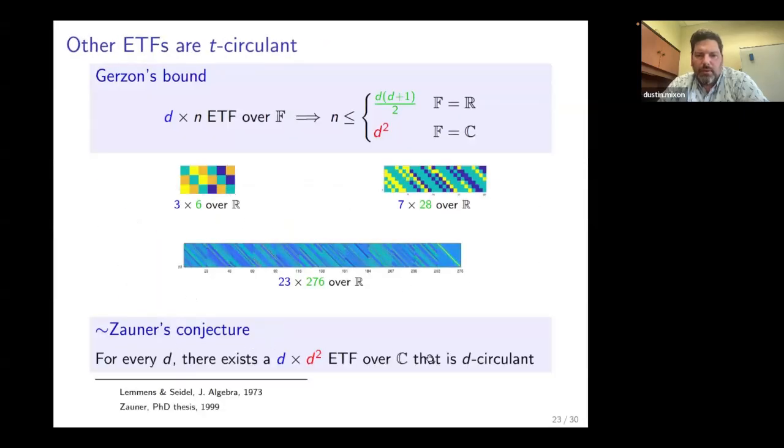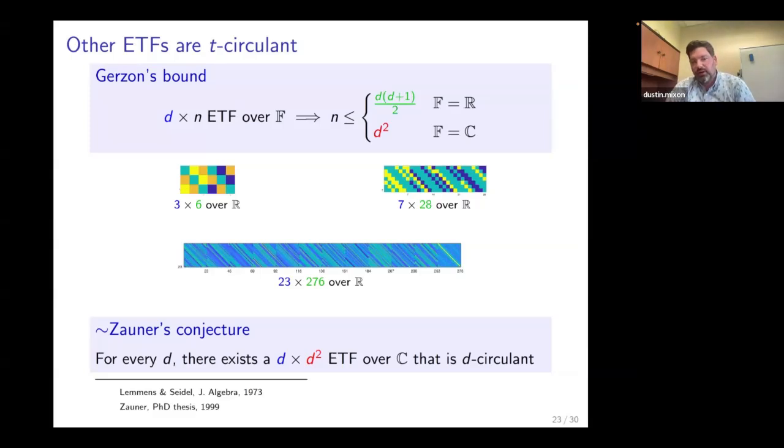So for example, this isn't d by 2d, this is d by d squared. For the d by d squared ETFs, not only do you get d separate orbits under the action of the cyclic group, you can also have the cyclic group act by modulation on the same collection of vectors, and that'll break it up into d orbits that are transversals of the original orbits.